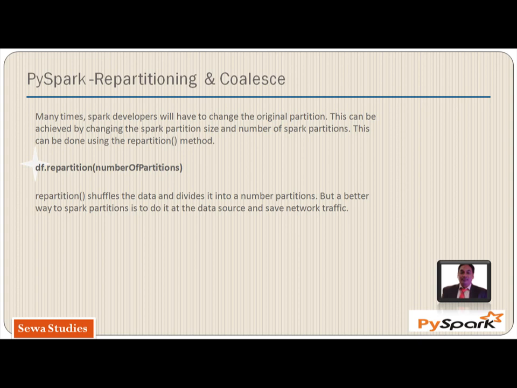The number of Spark partitions can be changed using the repartition method, df.repartition, where you put the number of partitions. Repartition shuffles data and divides it into the number of partitions, but a better way to partition Spark is to do it at the data source, which can save network traffic.